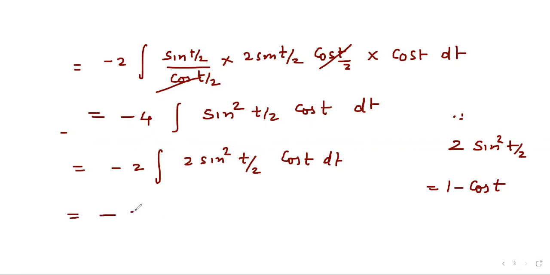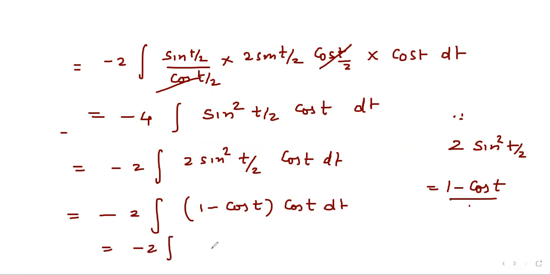So we will get minus 2 times 1 minus cos t times cos t dt. So if we open the bracket, we will get minus 2 cos t minus cos square t dt.